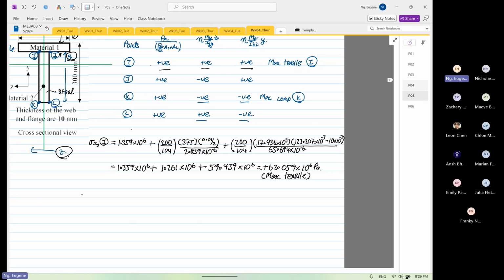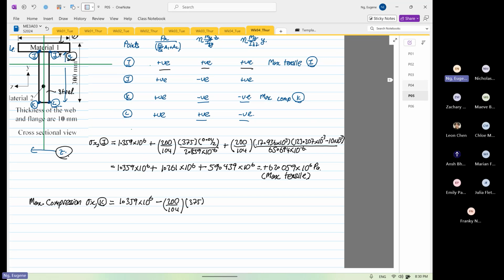Then we're going to find our maximum compression, which is stress X at point K. The axial load is still tensile. Now what changes is the next two things are negative. So minus 200 over 104 multiplied by 375.